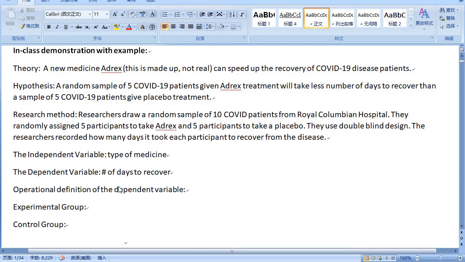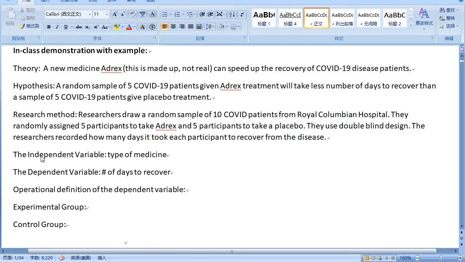Once you have developed a good hypothesis, which is specific and concrete, you know how to design your research. In order to test this particular hypothesis, I need to do an experiment. I need to conduct an experimental research.